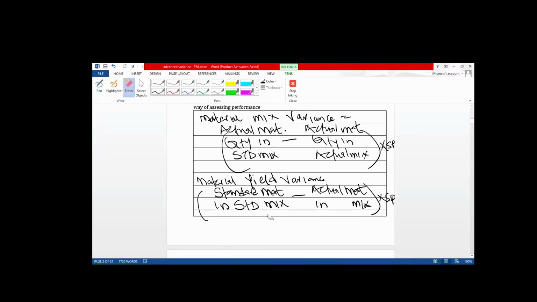You may write it down if you want. So you can further subdivide material usage variance into material mix and material yield variance if two or more raw materials are used to produce a single product. That is number one to be explained.